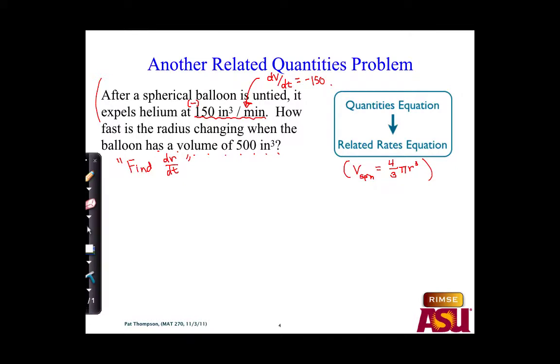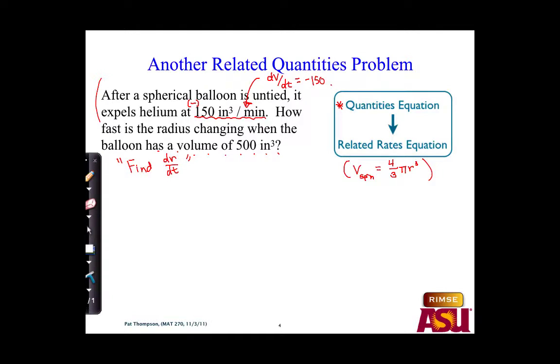But our end goal is going to be to find a value of dr dt, which is not in this, but our basic underlying quantities here, the things that are changing over time, are the radius and therefore the volume. Or I guess the volume and therefore the radius, however you want to say this.